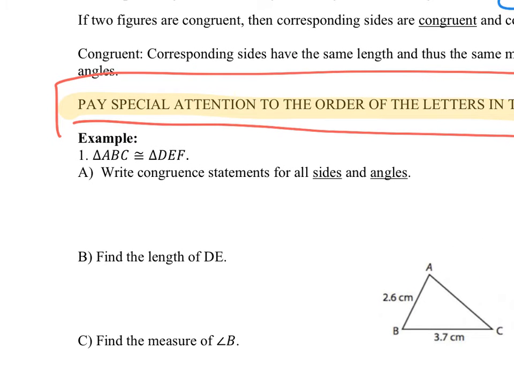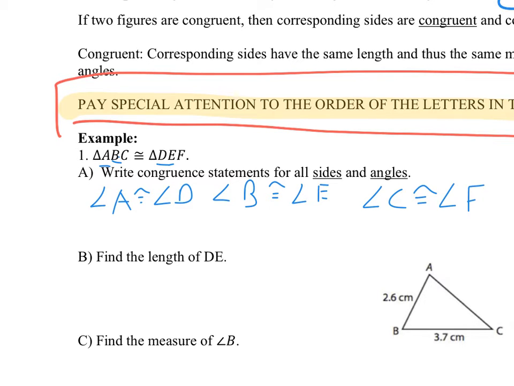So then we know that angle A is going to be congruent to angle D because they're in that order. Then angle B is congruent to angle E. Leaving us with angle C is congruent to angle F.